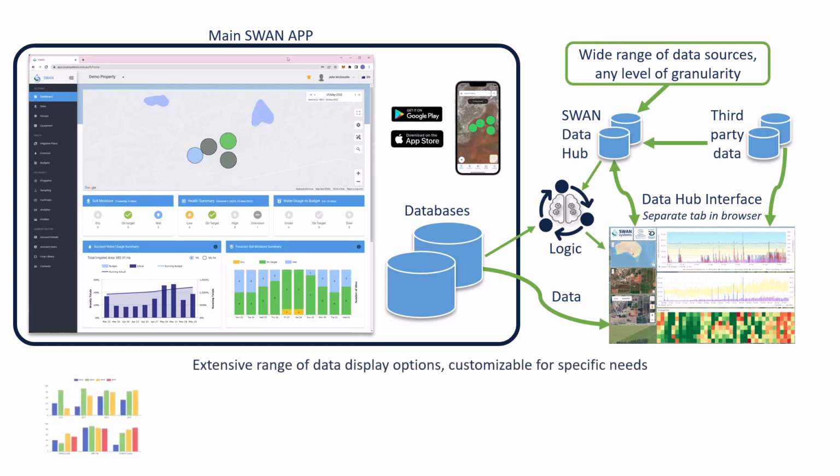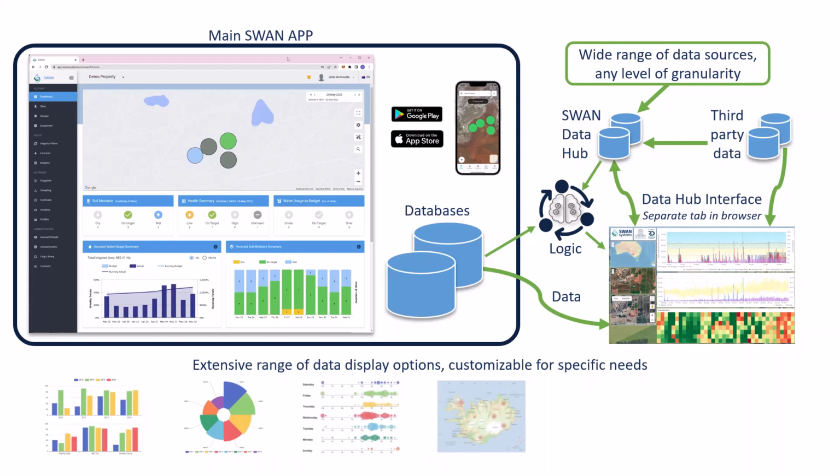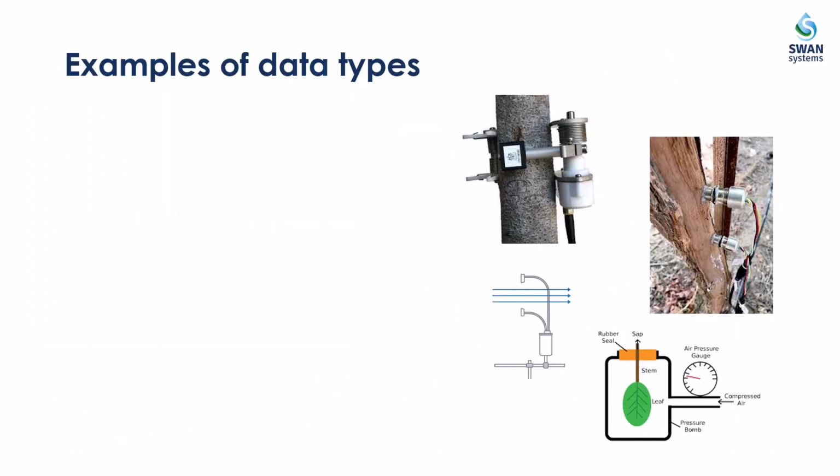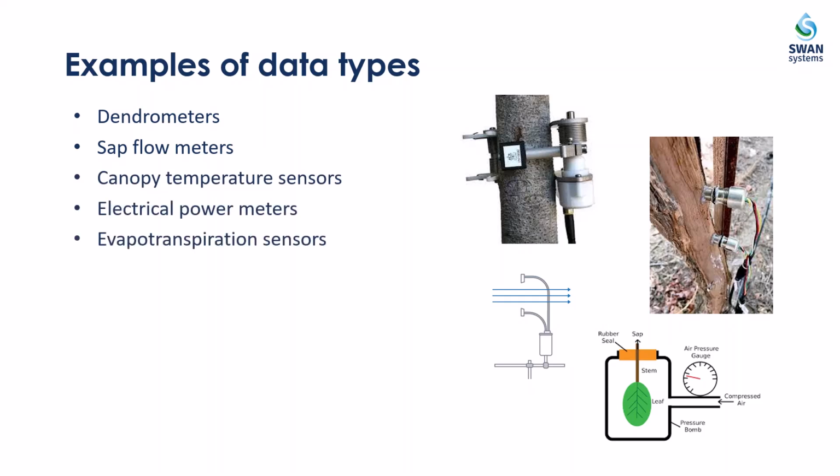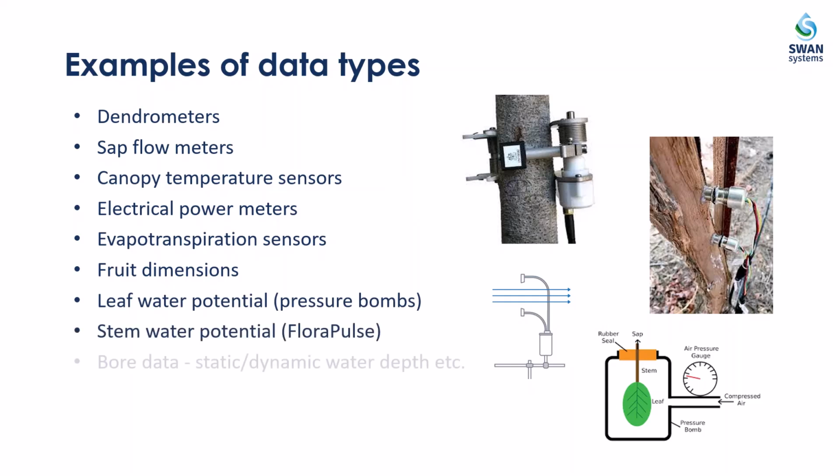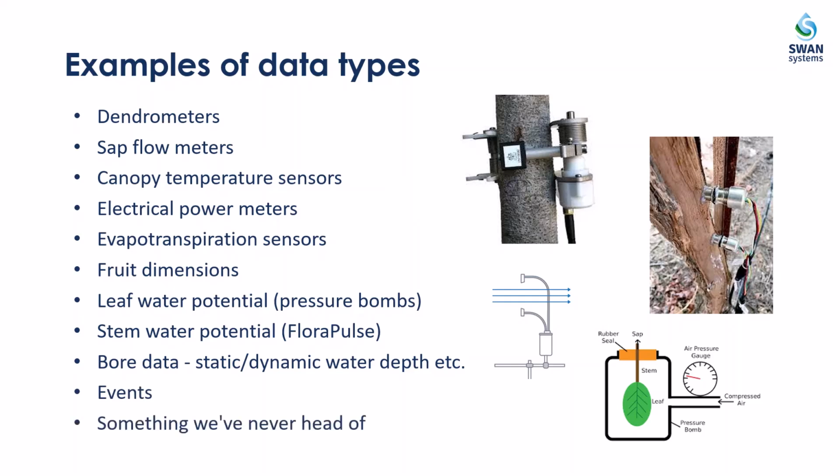We have an extensive range of data display options which we can customize for your specific needs, and a lot of ways of visualizing that data. Some examples of the data types that people have been asking us to mention are shown here, but it's not limited. Pretty much anything that we can bring in, we're able to display.